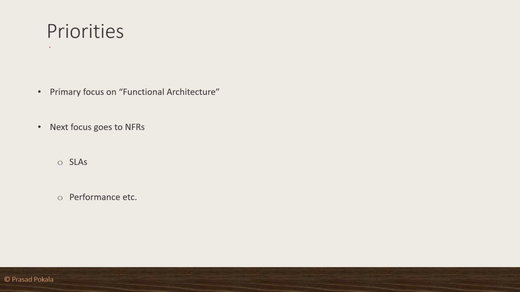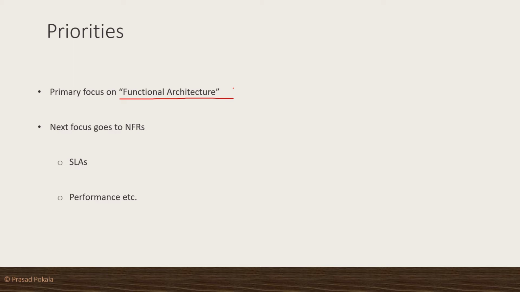So in this process, the primary focus of yours should be first on the functional architecture. Okay, so while identifying and assigning the APIs to the layers, the primary focus should be the functional architecture. You have to understand the business knowledge of your organization and project. Once you understand the business knowledge, functionally you have to segregate them into APIs.